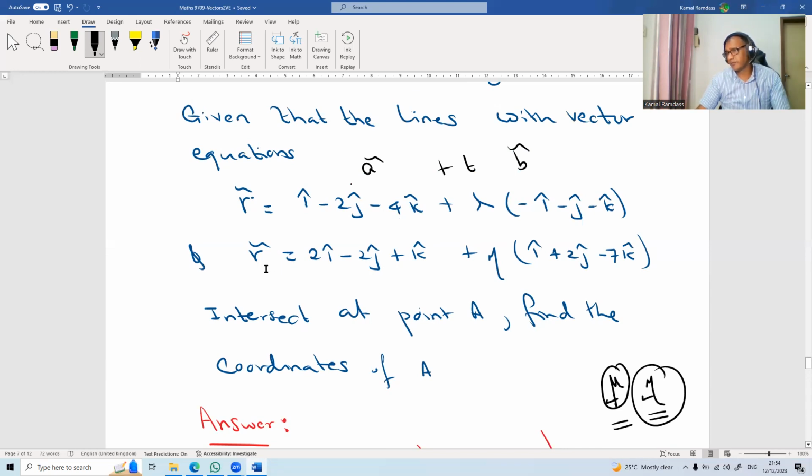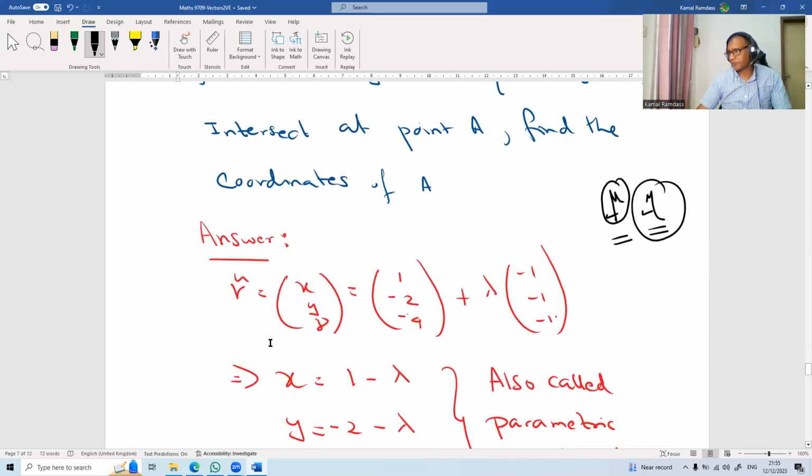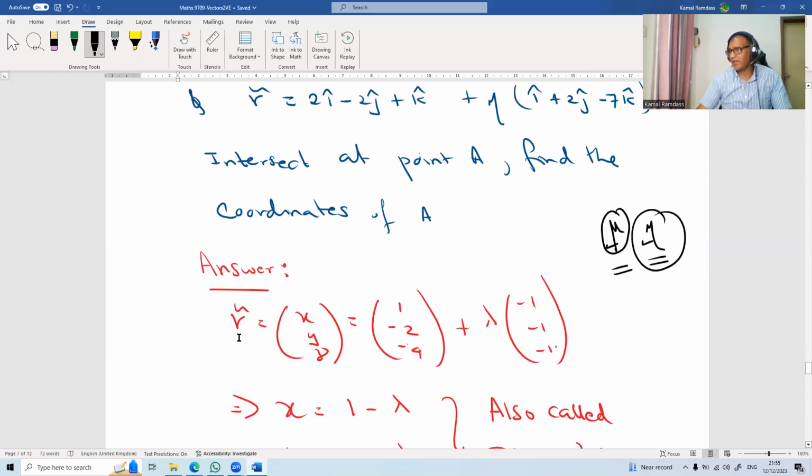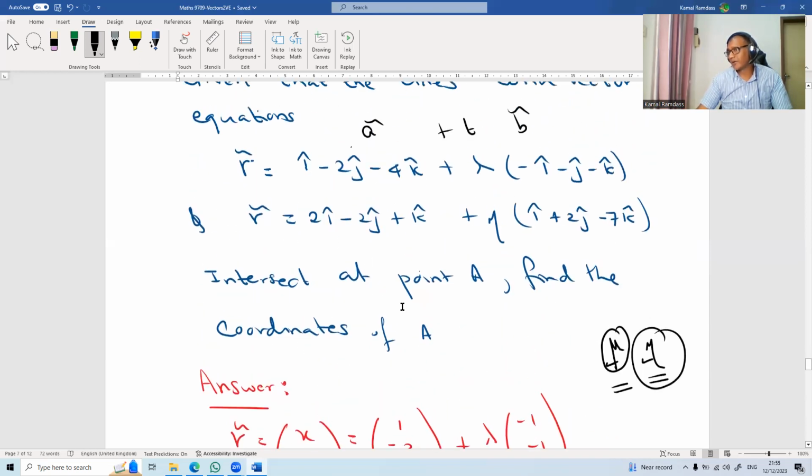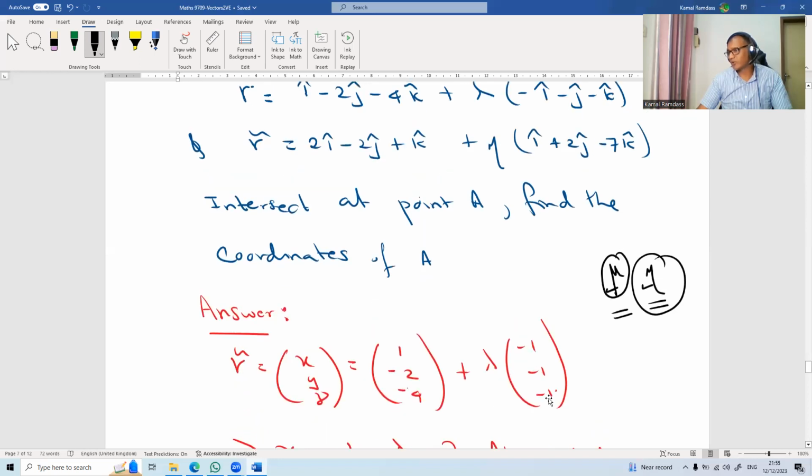Second vector line equation: 2i roof minus 2j roof plus k roof plus mu times i roof plus 2j roof minus 7k roof. They intersect at point A; find the coordinates of A. First, in terms of column vectors, R bar is the general point xyz of the line, equal to (1, minus 2, minus 4) plus lambda (minus 1, minus 1, minus 1).